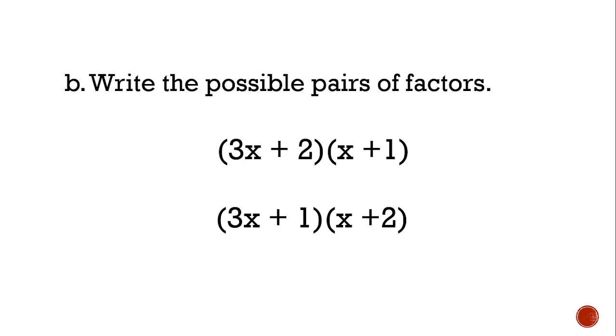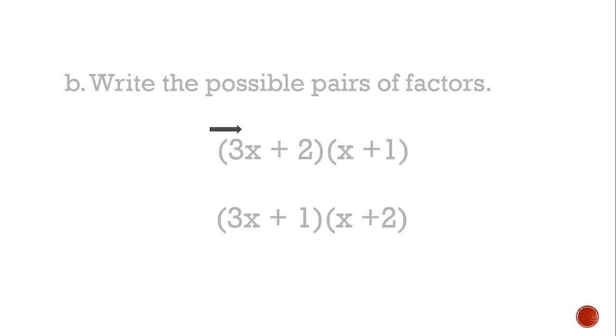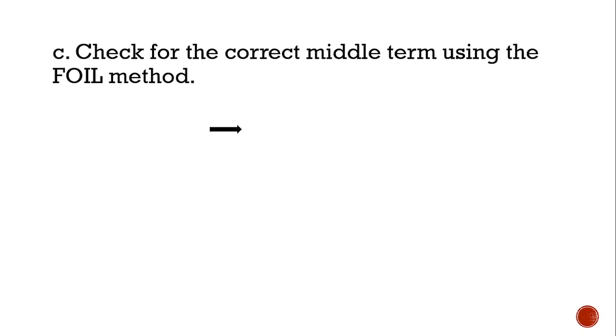So as you can observe, na pinagpalit lang natin yung positioning ng factors ng 2, which is yung 2 and 1. And then third step, check for the correct middle term using the FOIL method. So ito na yung sinasabi natin, gagamitin natin yung FOIL method.